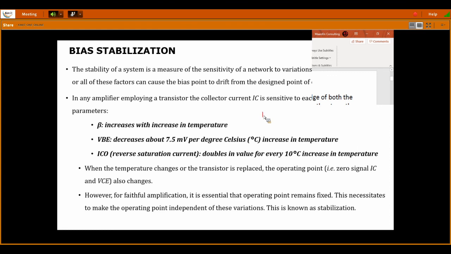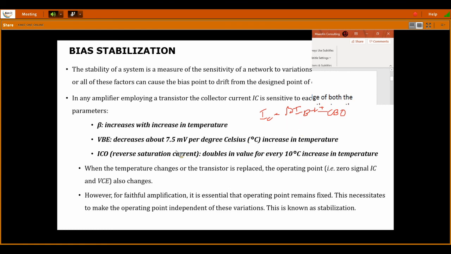The collector current is equal to alpha times IE, or beta times IB plus ICBO. So the collector current also depends on the reverse saturation current or the leakage current, and that reverse saturation current depends on the temperature. It can almost double for every 10 degrees rise in the temperature.